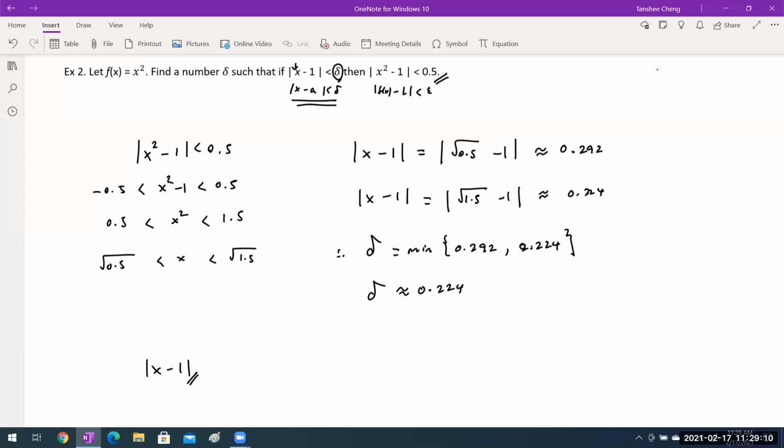If we can find or assume some particular epsilon, then we can work backward, get into the conditional part, and get some idea of which delta we should pick.